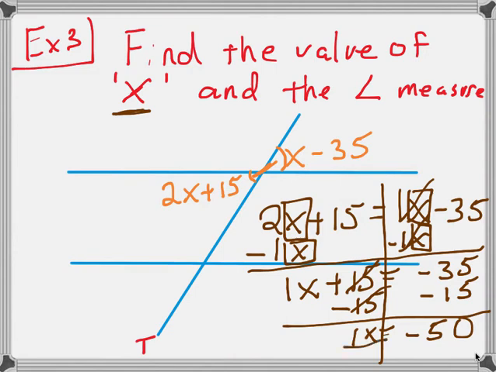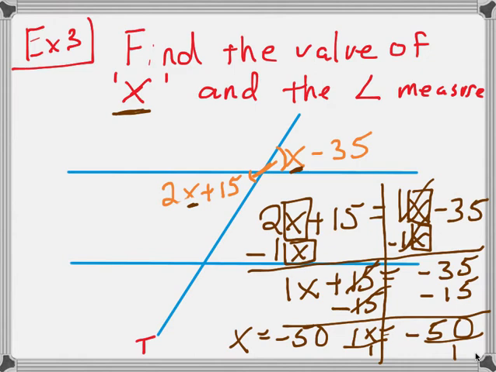Now, because I made this up, guys, it's not really going to work out pretty because now it's saying I'm going to have a negative x. If I had to find the angle measure, I would plug in my x that I got into one of these and figure out my angle measure.